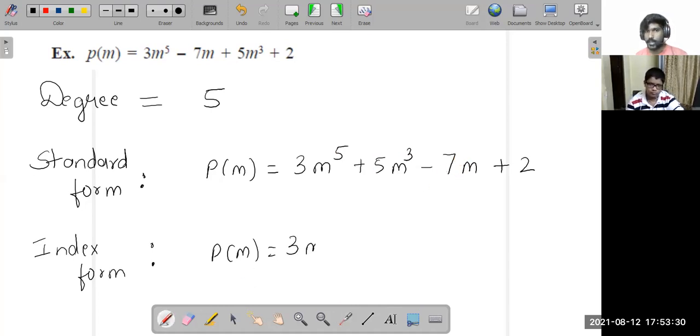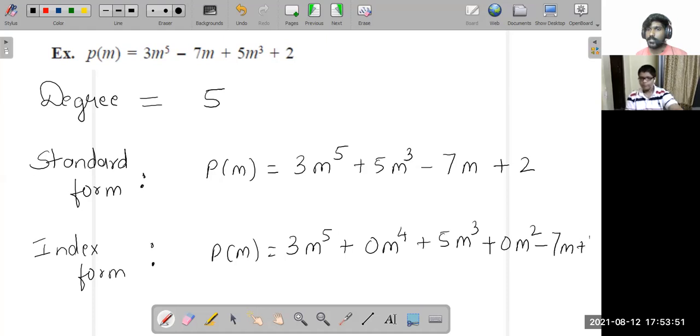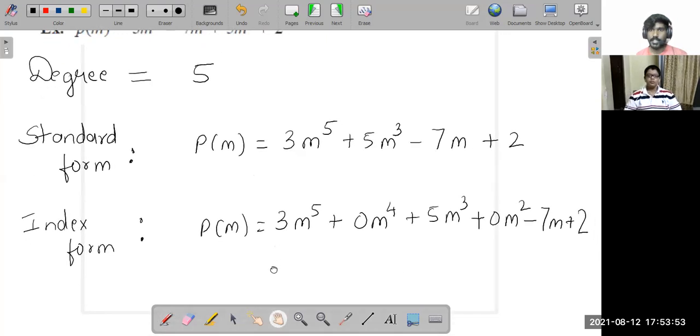So 3m^5 plus 0m^4 plus 5m^3 plus 0m^2 minus 7m plus 2. Clear?